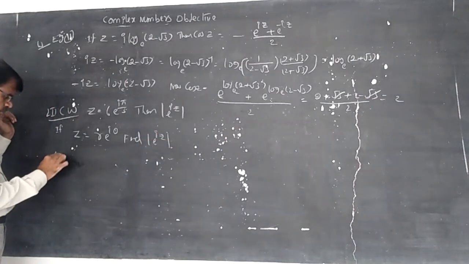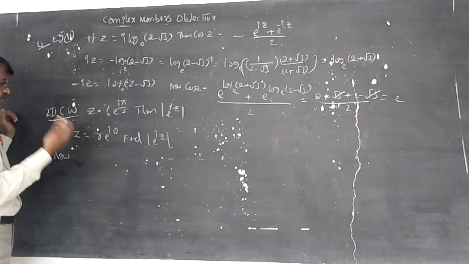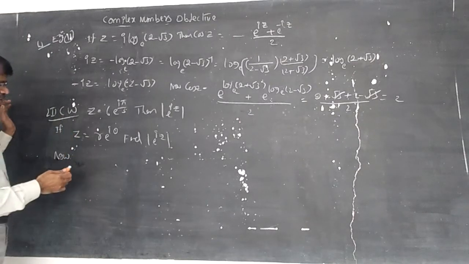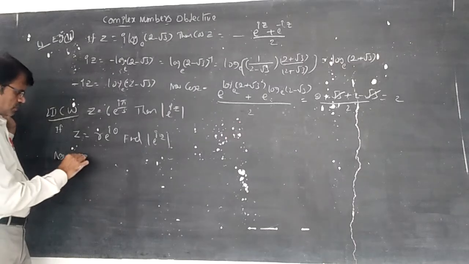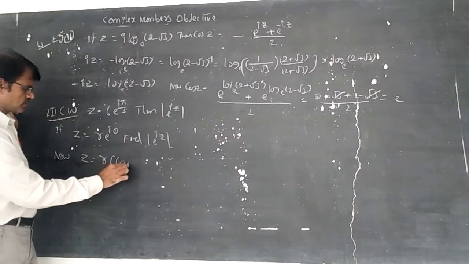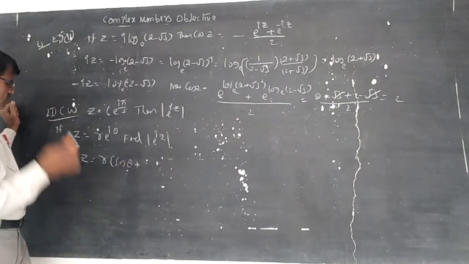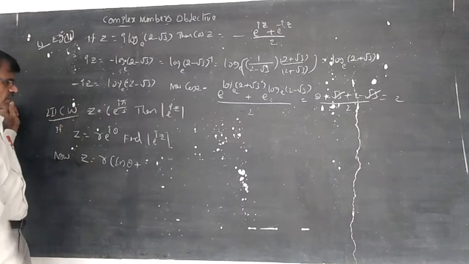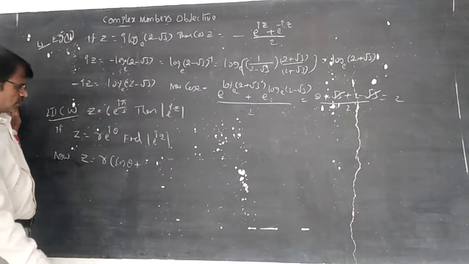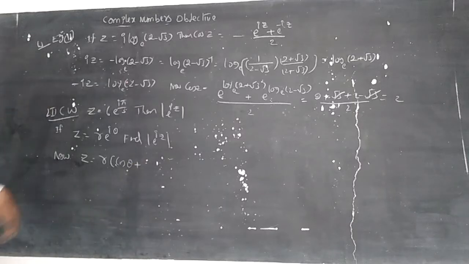Depending upon the formula, you can use the sum. Now z is equal to r into e power i theta. If we write z is equal to r into cos theta plus i sin theta, modulus of e power i z is asked. If you multiply with i z, e power i z is not possible directly. So let us discuss.